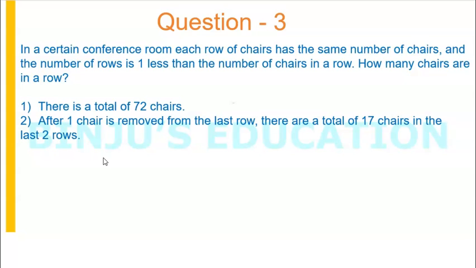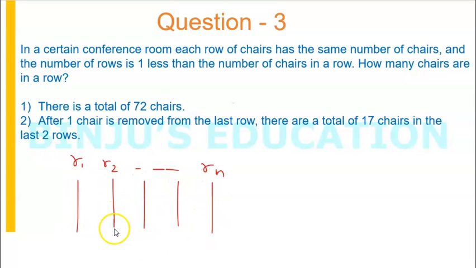Okay, so let's say we have a certain number of rows, row 1, row 2, up till row n, and each row consists of, let's say, C number of chairs. Now it's also given to us that each row of chairs has the same number of chairs.